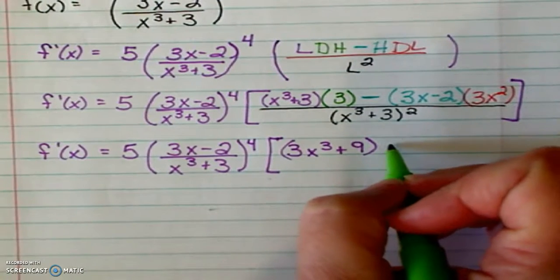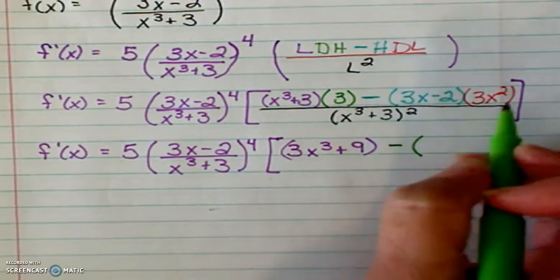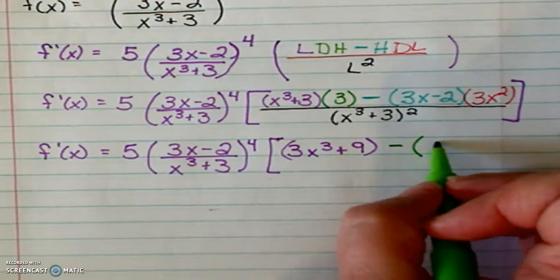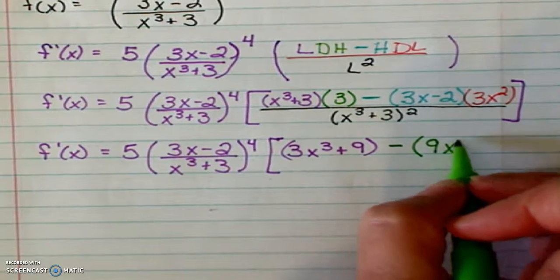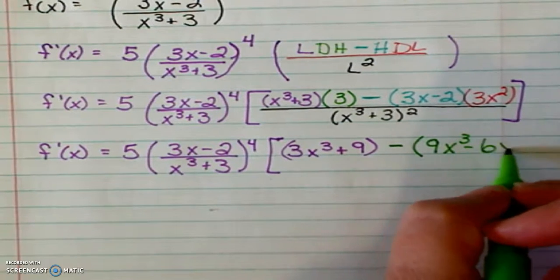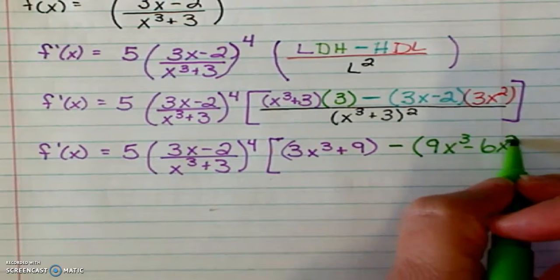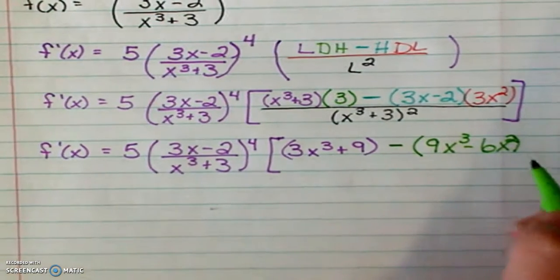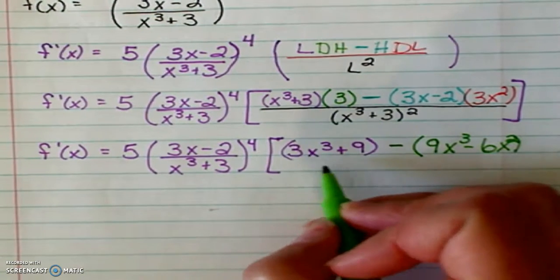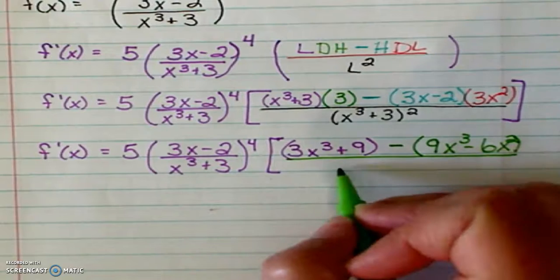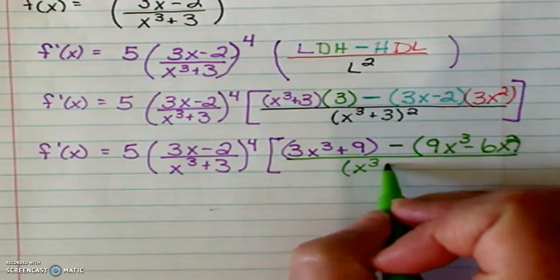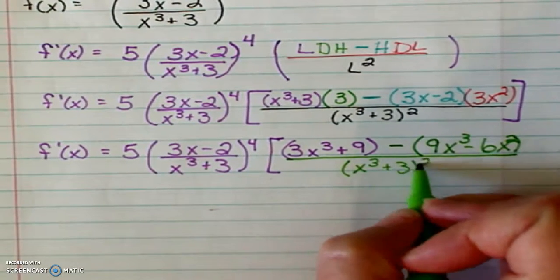Then we have a minus sign. Use the distributive property on the second part, which is going to be 9x cubed minus 6x squared. And then that's all over x cubed plus 3 quantity squared.